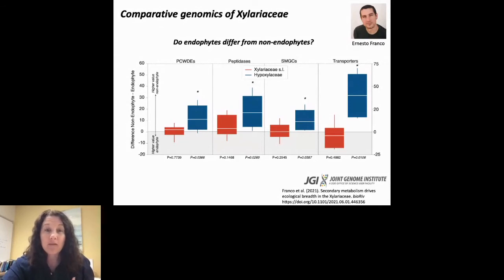Again, we see differences in the Hypoxylaceae between endophytes and non-endophytes, but those differences are not visible in the Xylariaceae. That suggests that all of these horizontal gene transfers and gene duplications have erased that genomic signature of trophic mode, and suggests that potentially these endophytes are also capable of being saprophytes.